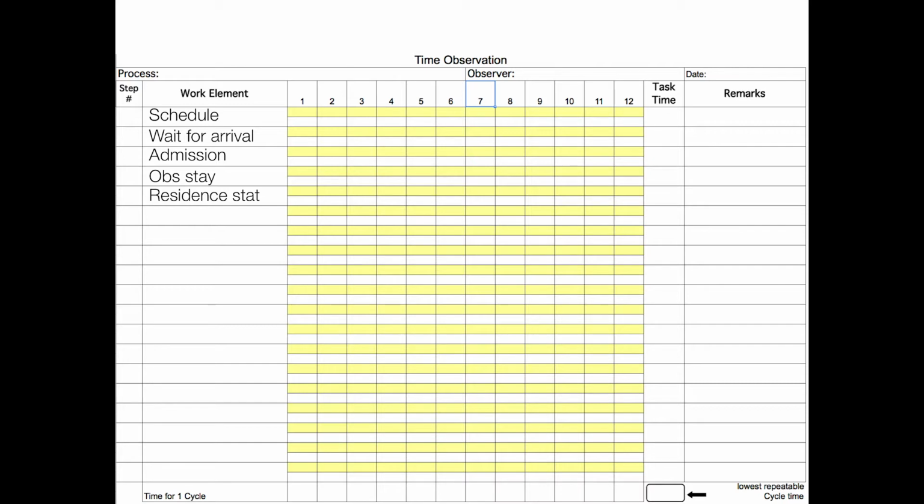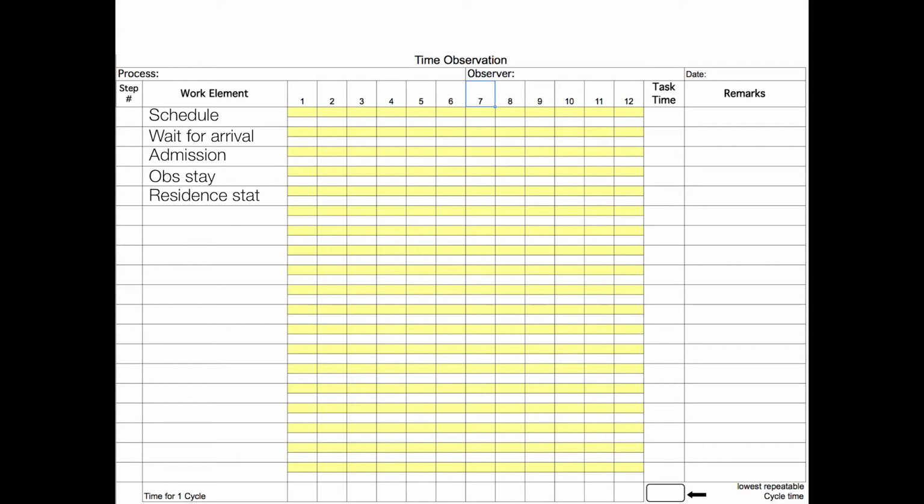And all the numbers you see at the top, 1, 2, 3, 4, 5, etc., are instances basically. So for patient number 1, you would write how much time they took, or the time that scheduling was done, then the time that they arrived, time that their admission was completed.